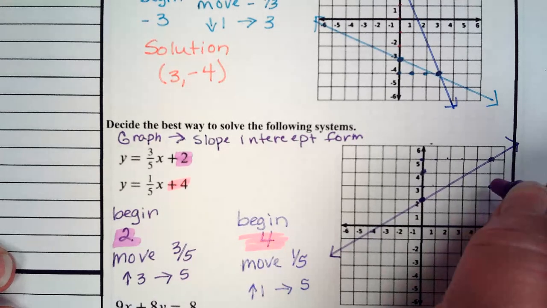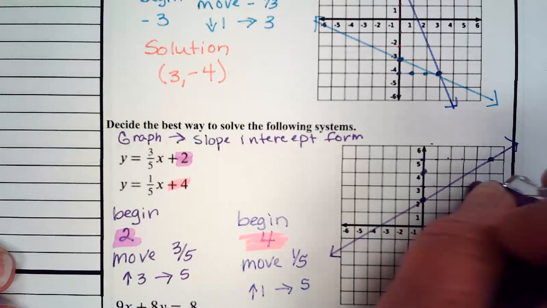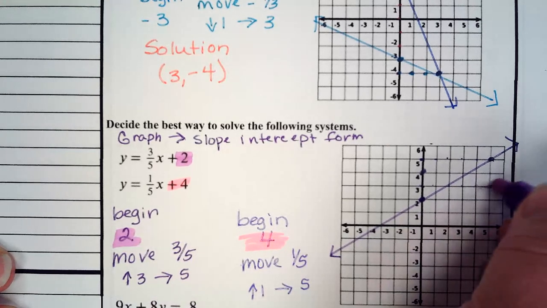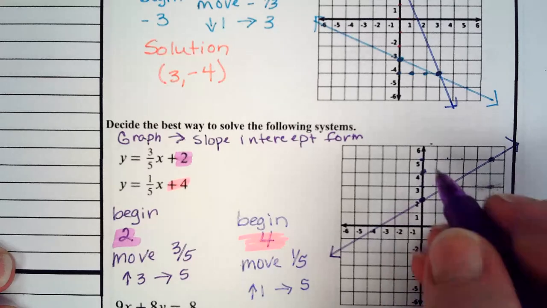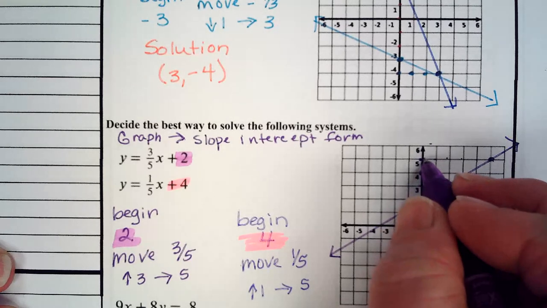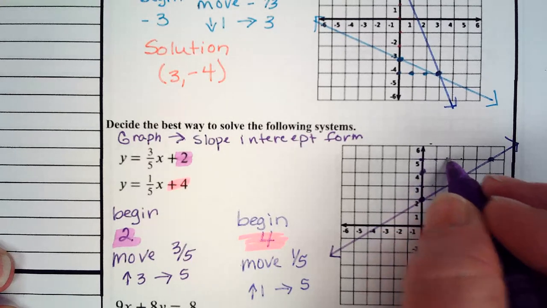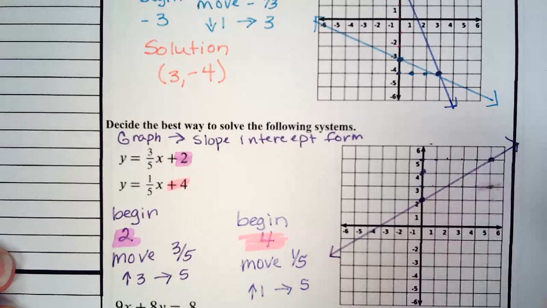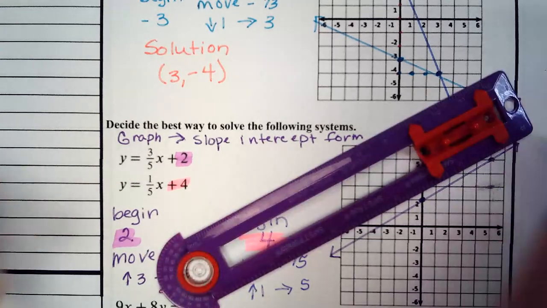I did not go from the right point. I started at the wrong point there. So start at 4, go up 1, go right 1, 2, 3, 4, 5. I've now found my point of intersection.